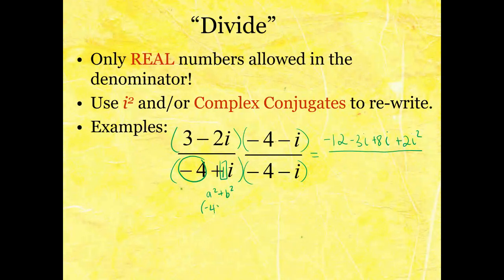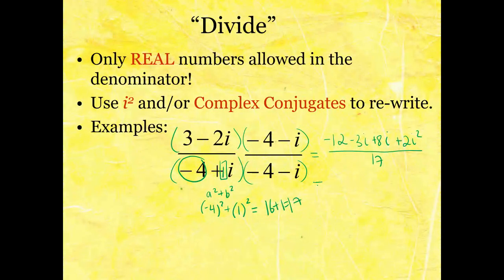My a is negative 4 squared plus b is 1. It's a plus bi and a minus bi. The b is just that coefficient. It doesn't include the plus or minus. It's always positive, because if you square a negative, you're still going to get a positive number. I talked about that in the video. So the denominator is going to give me 16 plus 1, which is 17.